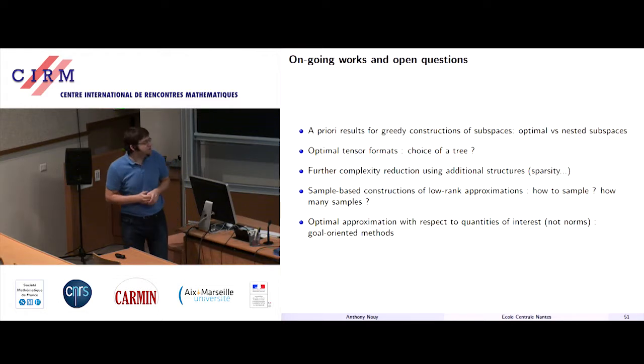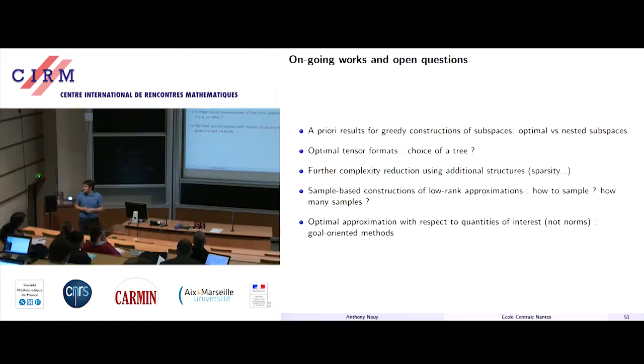And I trust in sample-based constructions, in the context of stochastic parametric analysis, sample-based construction of low-rank approximations that try to do the job I have presented in a quite non-intrusive way. That means using the deterministic codes you have for your favorite applications.